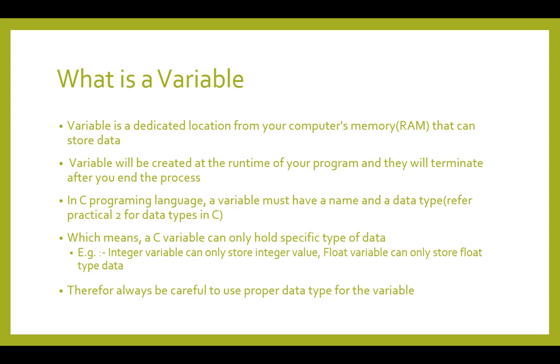Right now, in C programming language, if you want to have a variable, you must give a name to that variable and a data type for that particular variable. Now there are some programming languages you don't need to give a data type, but in C programming language, the data type must be given.